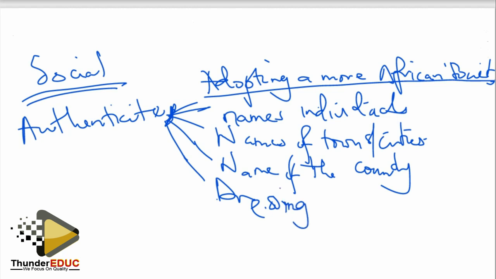All these fall under the authenticite policy. Under the names of individuals here, Mobutu was trying to create a distinct African society, which is evident by the way people are named. He believed that African people should have African names. So those names were supposed to be Africanized, and they were supposed to be true African names based on the indigenous languages of Congo.